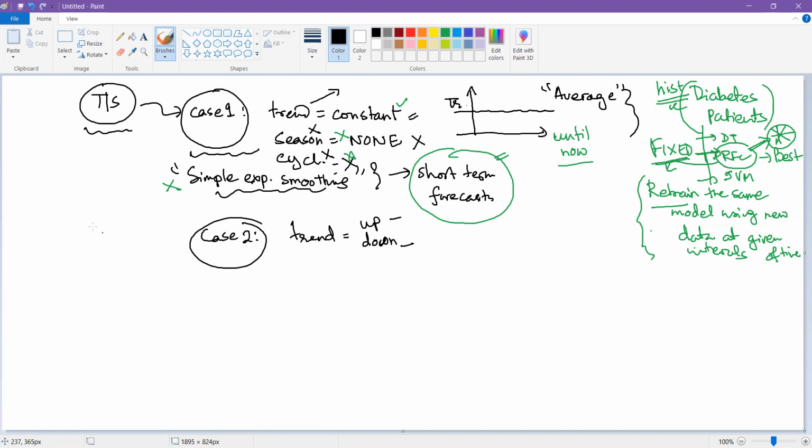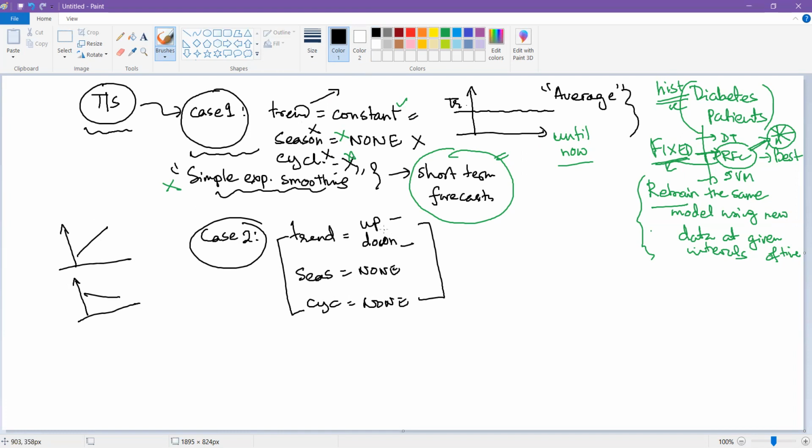Either the data has a trend which is like this, or the data has a trend which is like this, and seasonality is not there, cyclicity is not there. So in this case, what is happening? At least I have a trend. I have some information about what is going to happen in the future, or what may happen with new data.